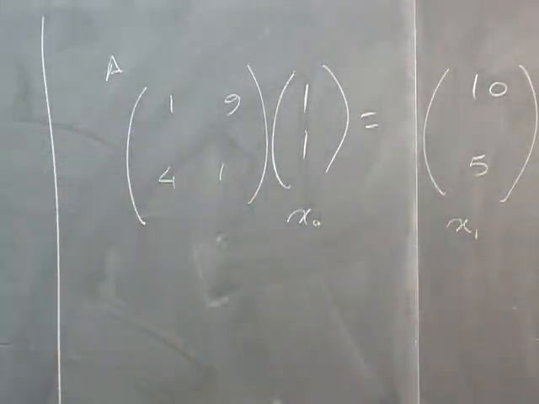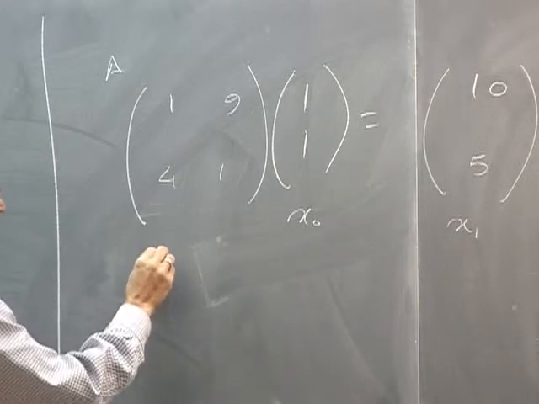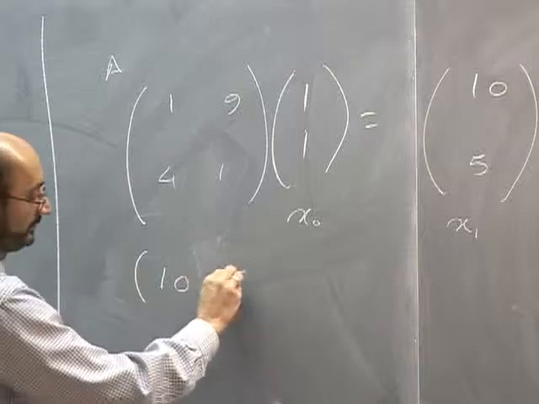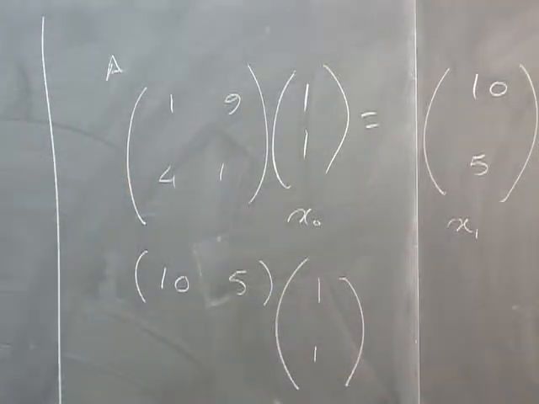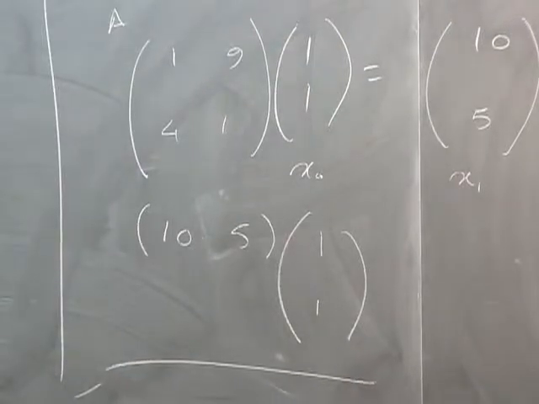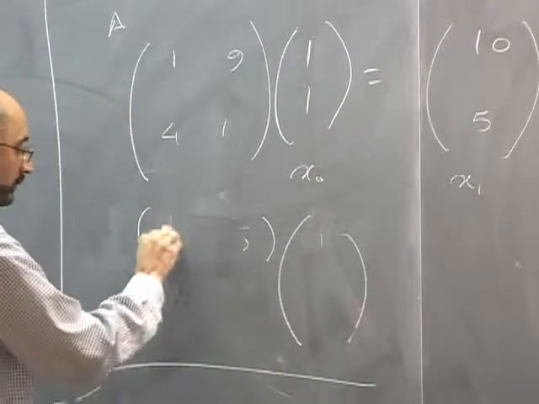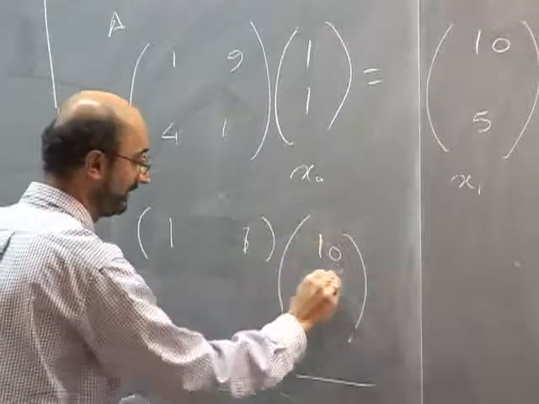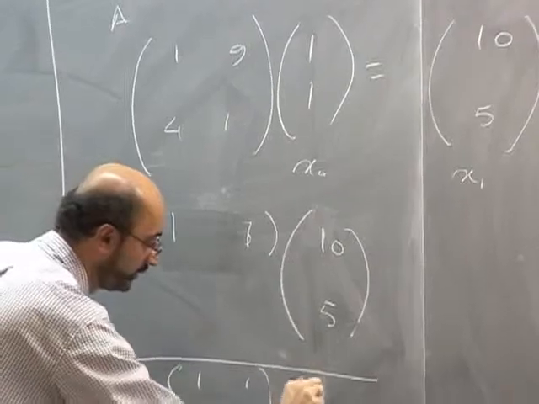So we just need these two values, x_k transpose x_{k+1}, x_k transpose x_k. So we're basically looking at 1, 1 multiplied by 10, 5 over 1, 1 multiplied by 1, 1.